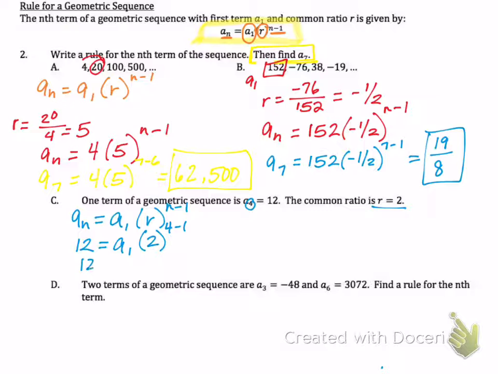So then I have 12 equals A1 times 2 to the 3rd power, and 2 to the 3rd power is 8, so 12 equals A sub 1 times 8. I divide each side by 8, so A1 is 3/2. Let's leave it as a fraction, 3/2.